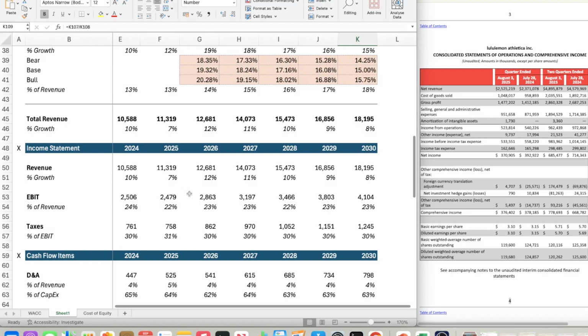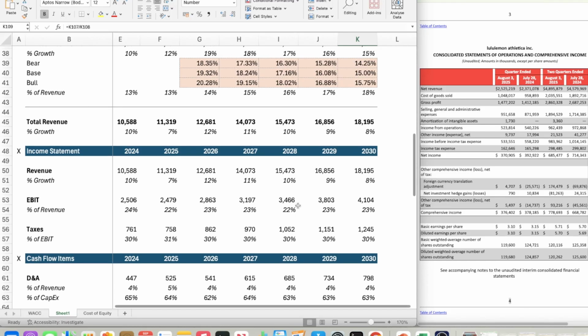Then maybe we're being too optimistic. Do we think over the next five years revenue is going to increase from 11 billion up to 18 billion? That's adding 7, so sort of 65-ish percent revenue over five years in total, not yearly, obviously.